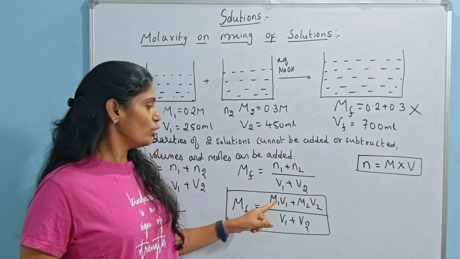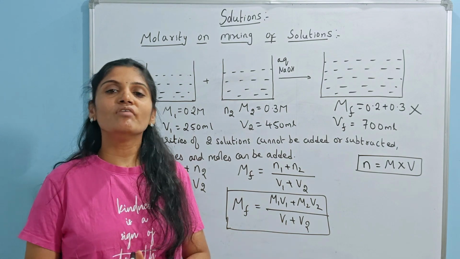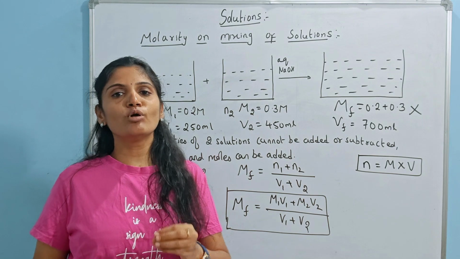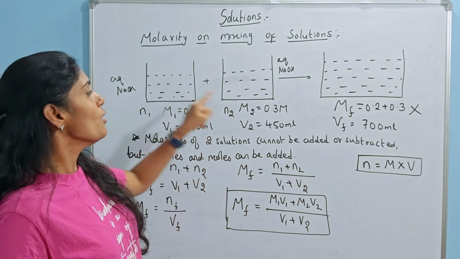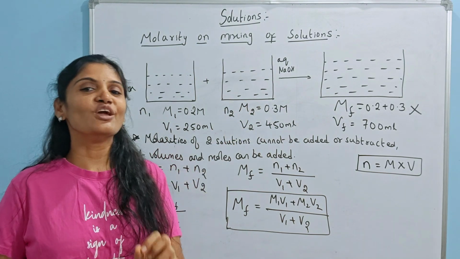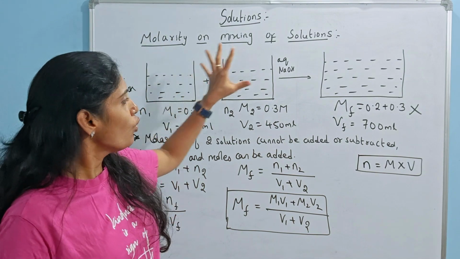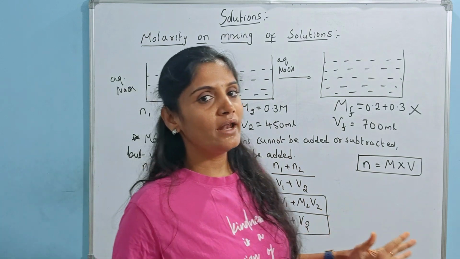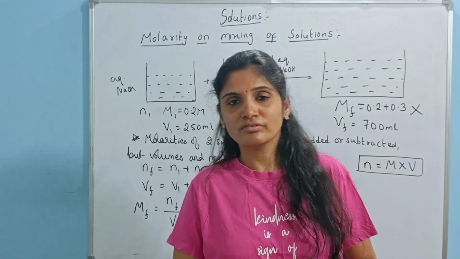Using this formula, we can get the final molarity, because we cannot get it by just adding the individual molarities of the two solutions. So this is about molarity on mixing of solutions and the formula we use to calculate the molarity of the final solution obtained by mixing two different solutions.